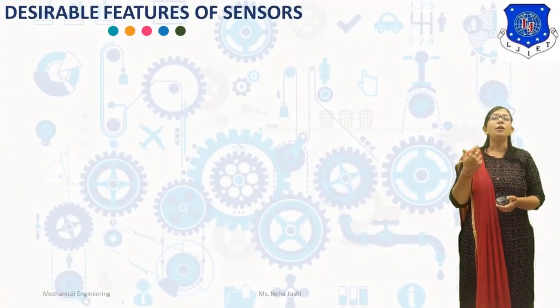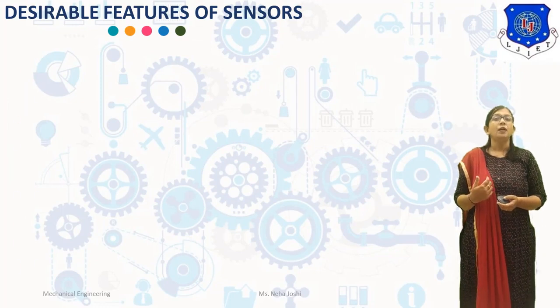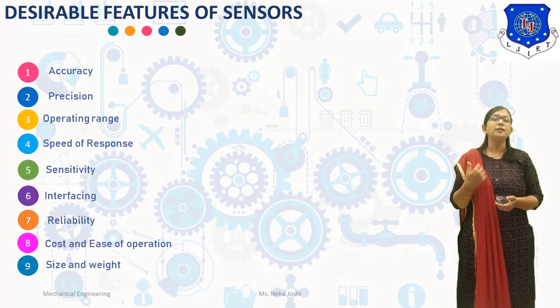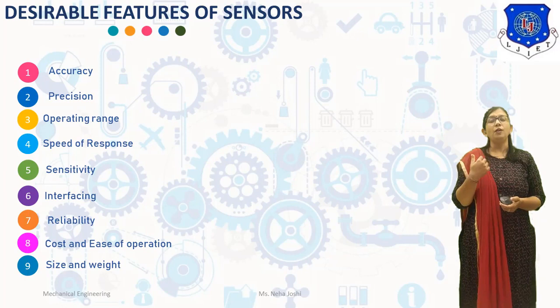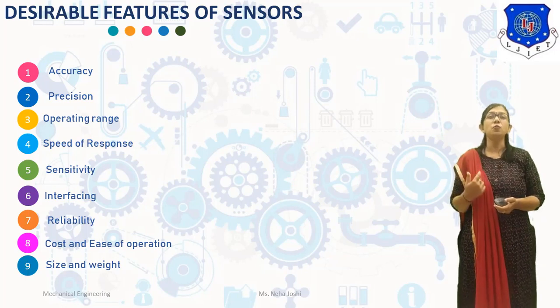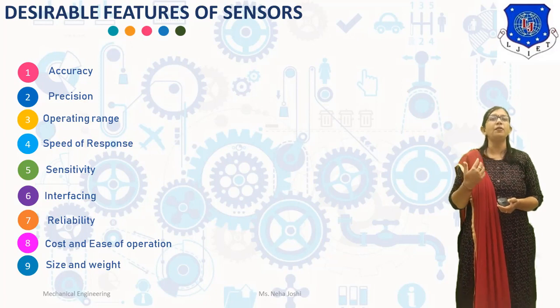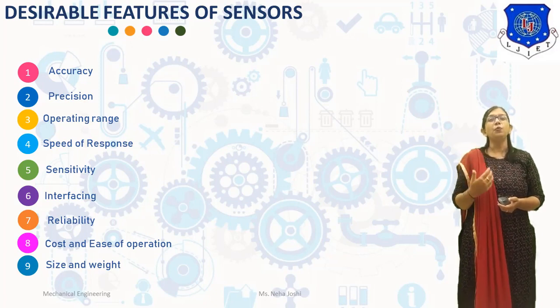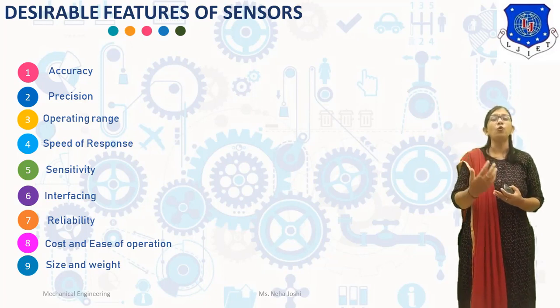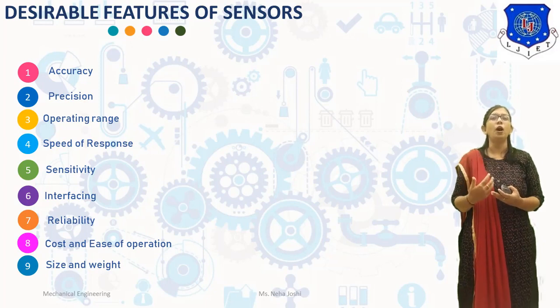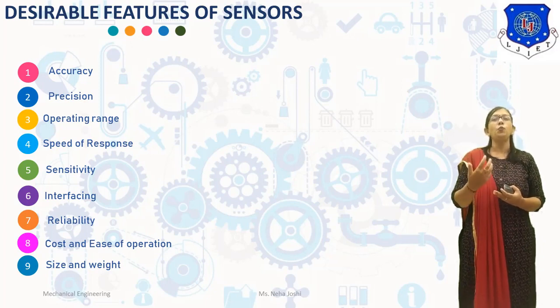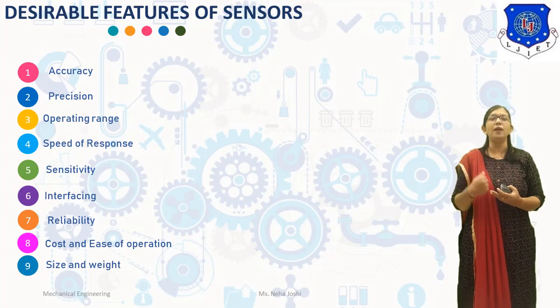Now, what are the desirable features of sensors? Here, the first one is accuracy. Accuracy shows how close the output of the sensor is to the expected value. For a given input, a certain expected output value exists, and accuracy is related to how close the sensor's output value is to this value.